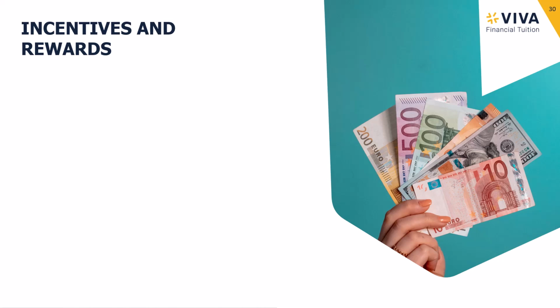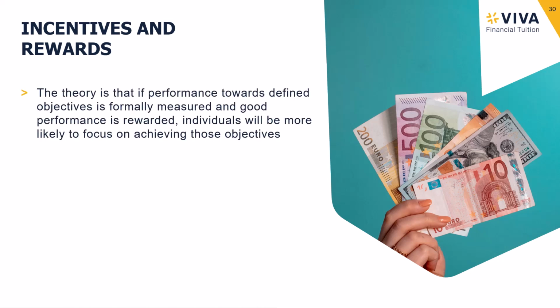Now, we briefly talked about before about incentives and rewards, and there's nothing to say that directors or senior management shouldn't have incentives or rewards, but we need to make sure that any rewards are fair and do not contradict the overall objectives of the organisation.